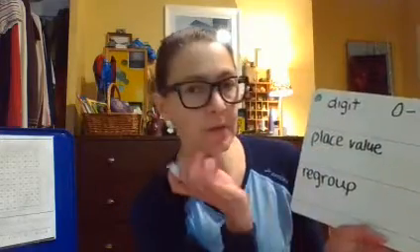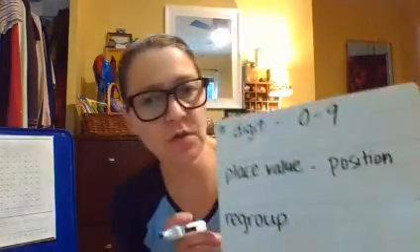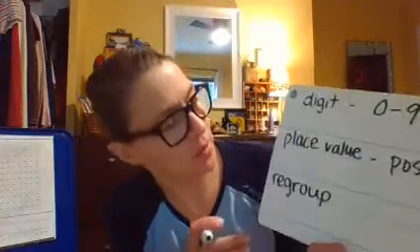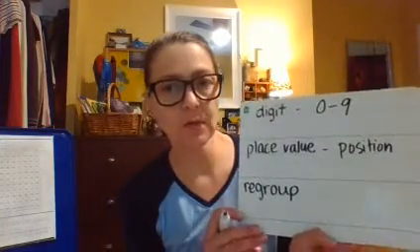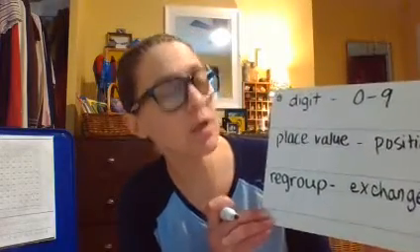Place value refers to the position of that numeral, and the position of the numeral will determine its value, so where it's placed. And then regroup means to make an exchange, and an example would be to exchange ones for tens.